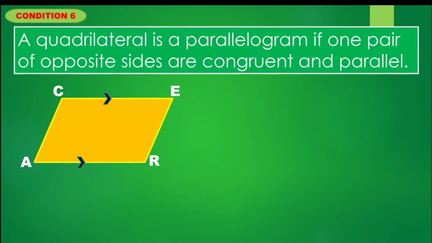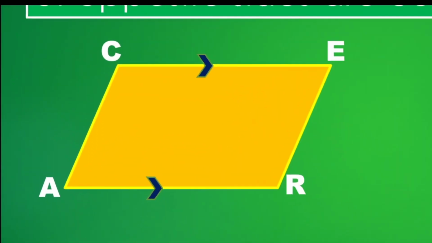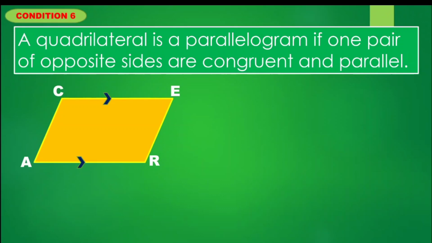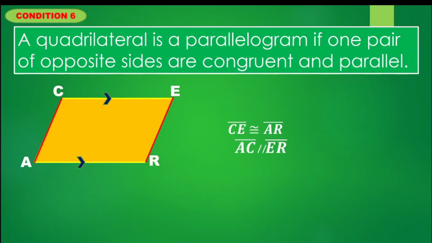But anyway, we have here that segment CA is parallel to segment ER, and segment CA is congruent to segment ER. These are the parallel sides.